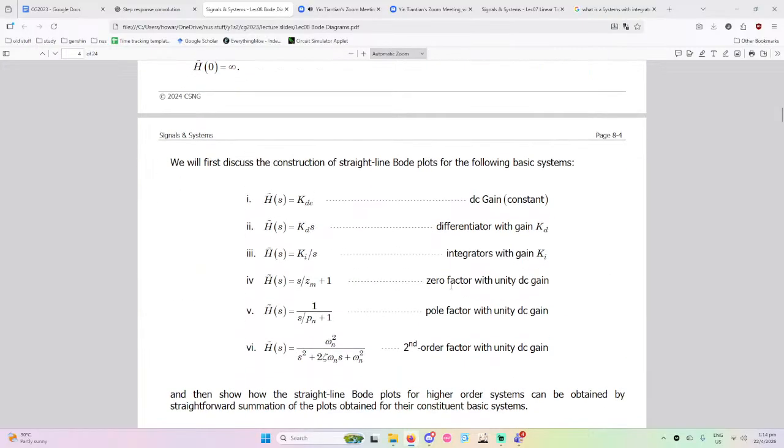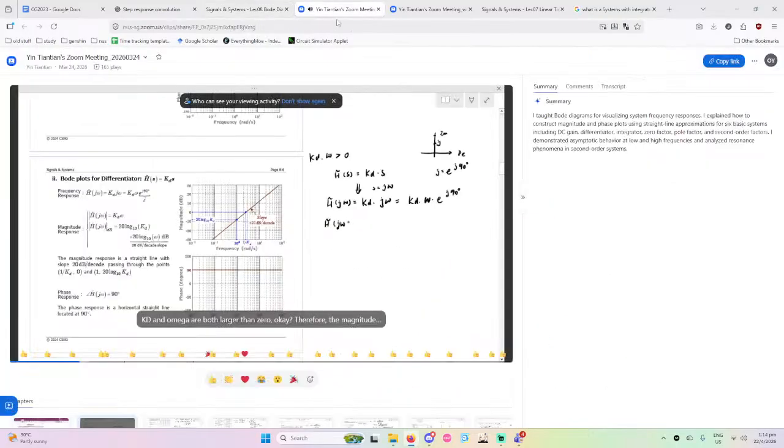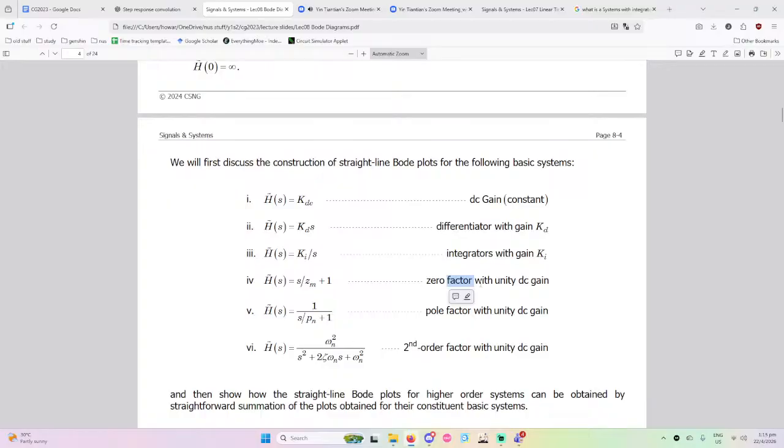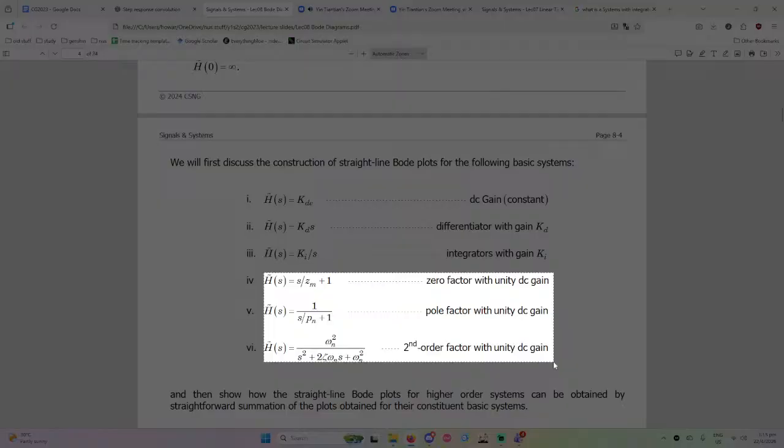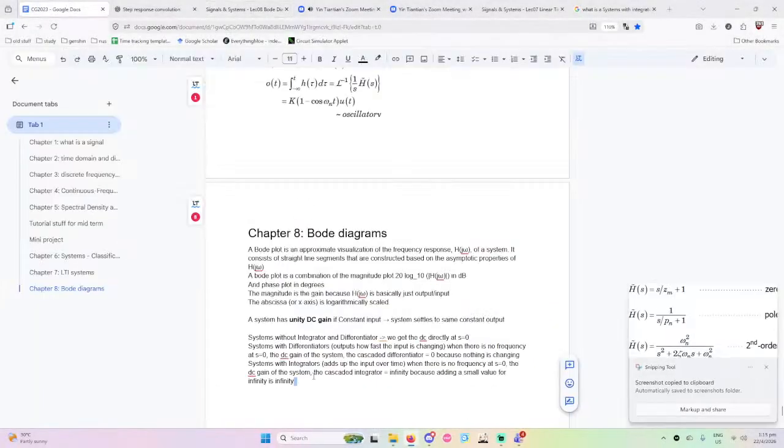Therefore, the magnitude of H tilde j omega in dB is equal to 20 times log 10 of KD multiplied by omega. This is because the magnitude of e to the power of j 90 degrees is equal to 1.